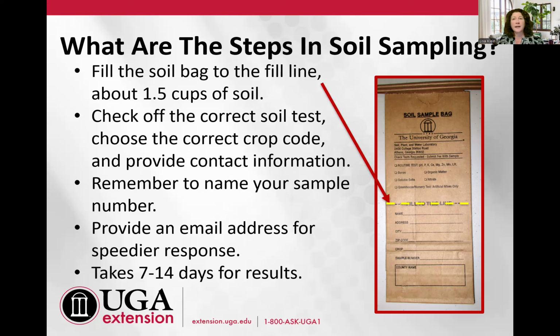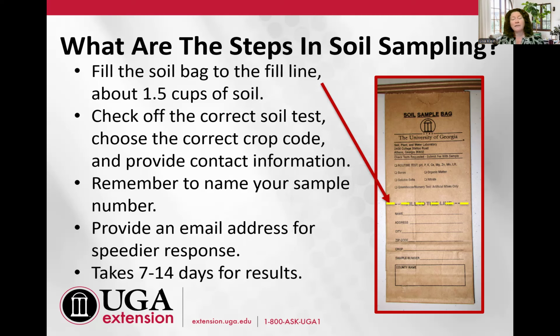If you have multiple things, that's fine. They have you put up to 5 codes per bag. What that means is they're going to give you recommendations on that report for that particular code. So if you want to put blueberries someplace, you're going to put the crop code for blueberries on there, so that when you send that sample in, and you may just have it as a field now, you know what you need to do for blueberries.